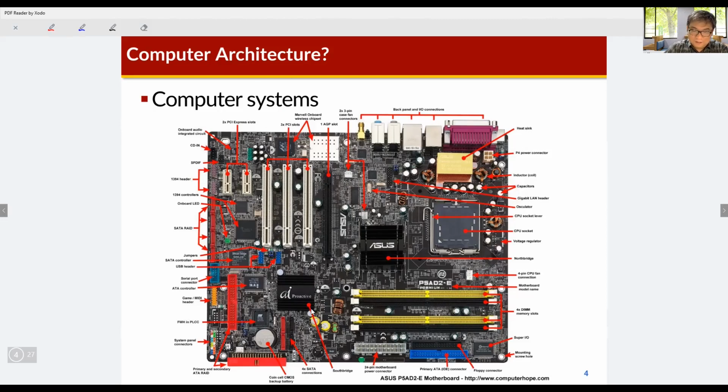This is a very old generation computer main board. As you can see, there is this North Bridge, but recently the North Bridge chip is included in the CPU. So the modern mainboard does not have a North Bridge chip, but this is the old mainboard photo, so you can find this North Bridge chip. So why do I show this photo of a mainboard?